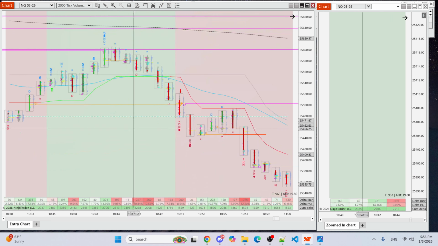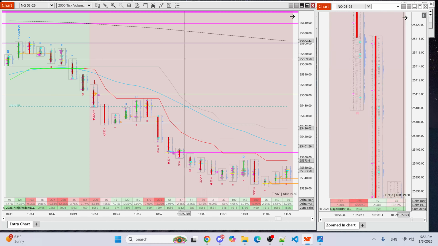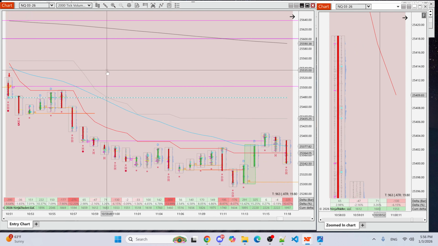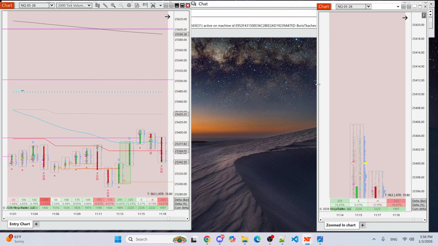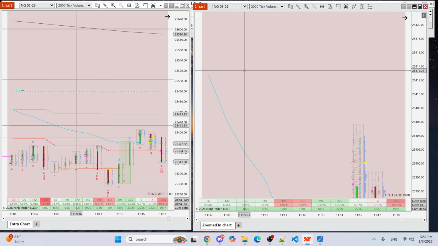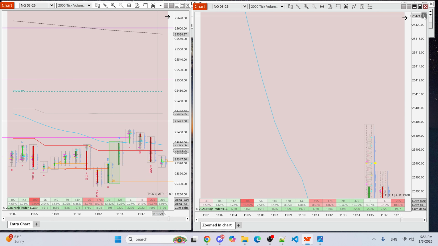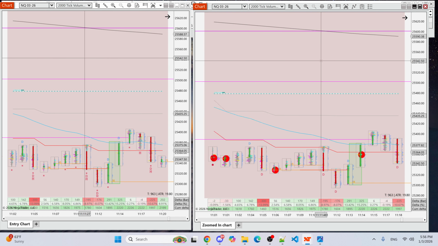It's weird. Why? I think I may need to restart the chart. But let's look at this chart because that's where it shows. We could see.